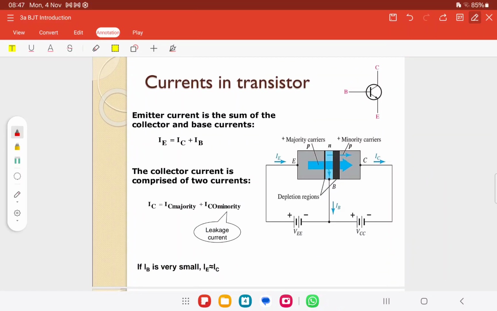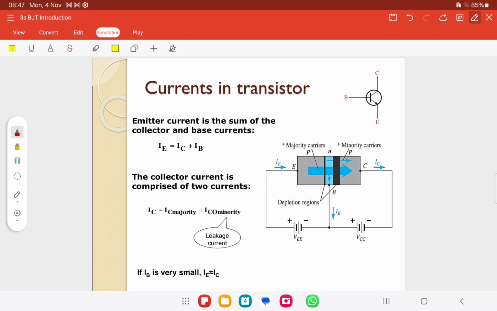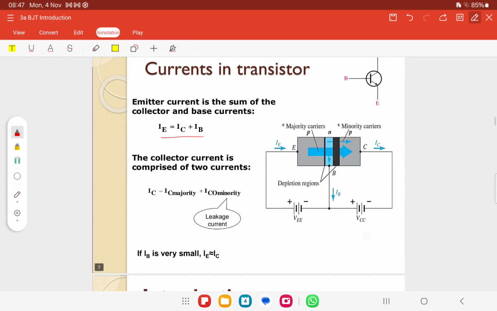Okay, so this is the current in the transistor. We have the 3 terminals: collector, base and emitter. And IE is equal to IC plus IB for both PNP and NPN. This is the same one. And this is for the leakage current. Leakage current is the current that leaks, the current that we ignore. Okay, we have the IC majority plus IC minority. Remember what we have learned in chapter 2, we have diffusion current and drift current.